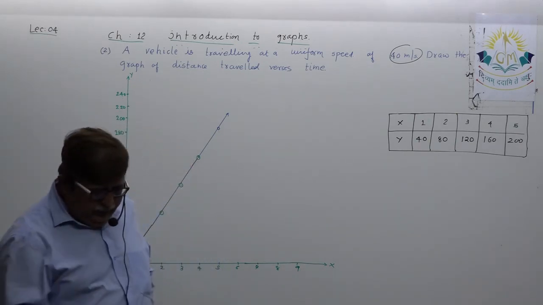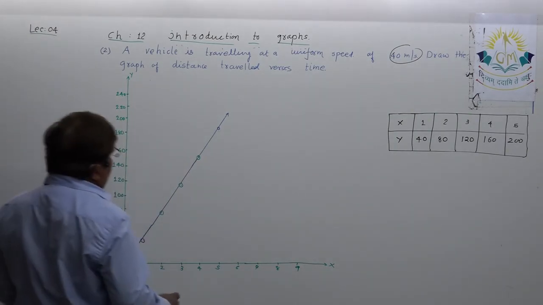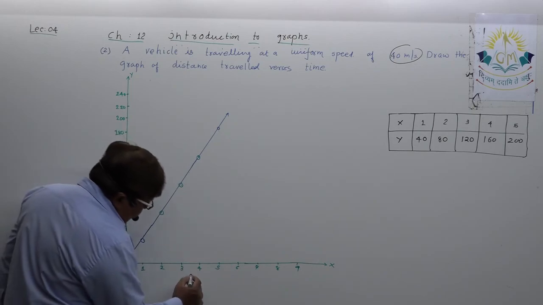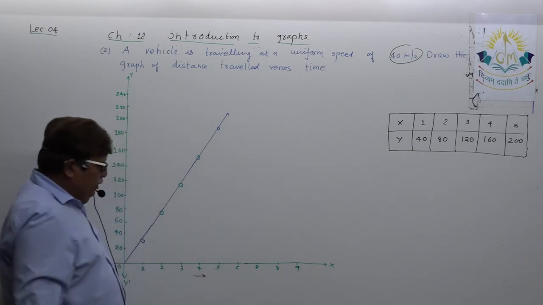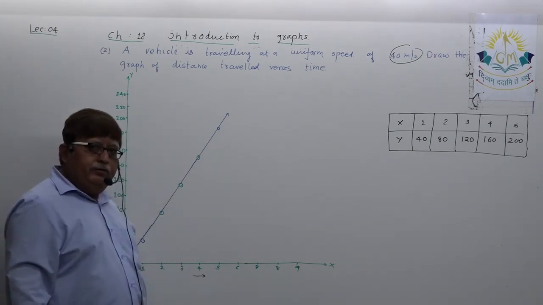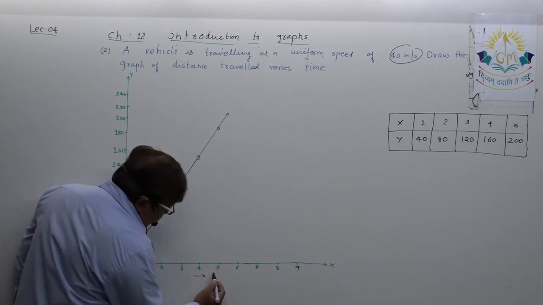And now what you need to mention is that on the x axis you haven't taken any scale, but you need to mention what you have represented on x axis.